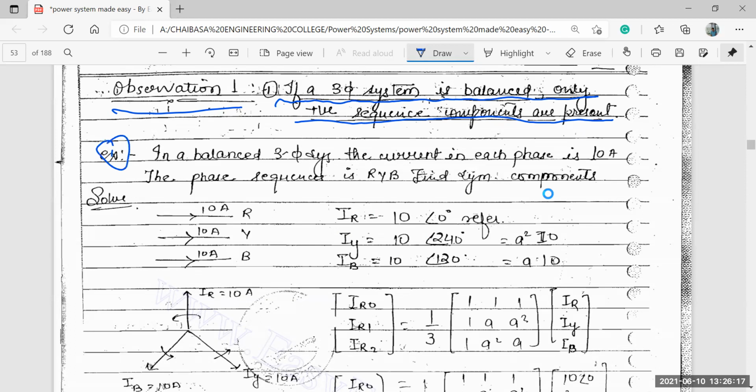so for the example they have mentioned, in a balanced three-phase system, the current in each phase is 10 ampere. The phase sequence is RYB.